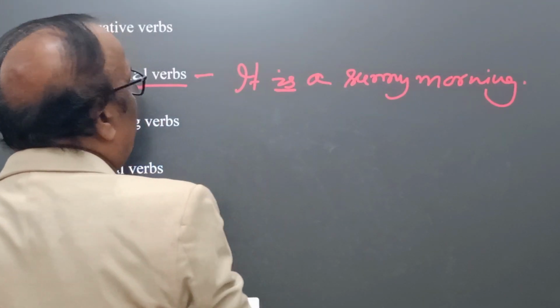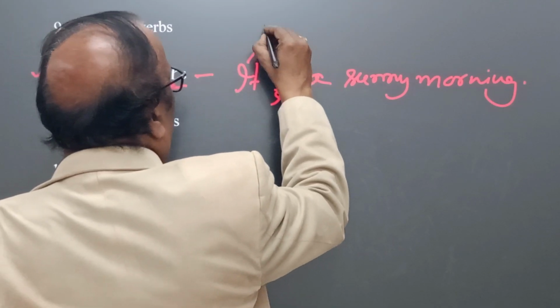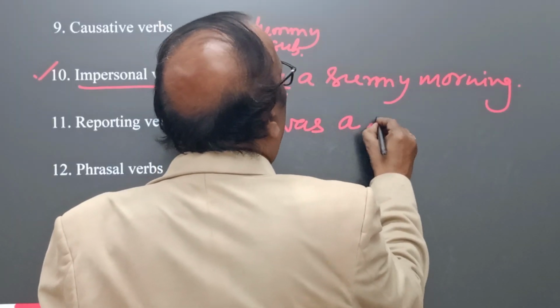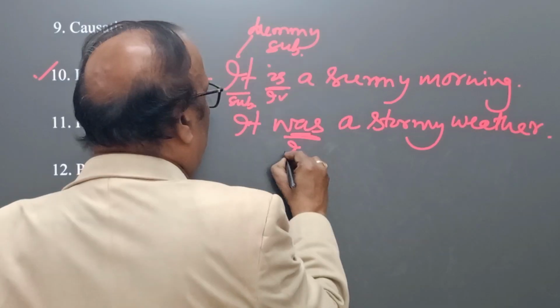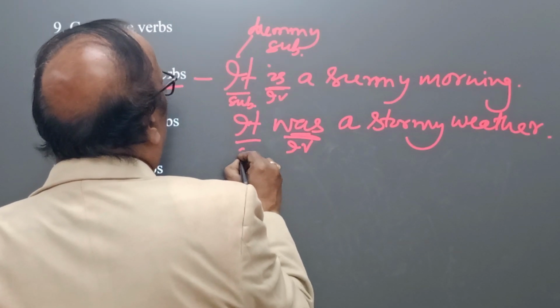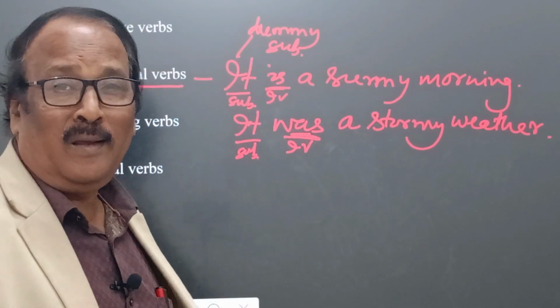Here, is is an impersonal verb because it is a dummy subject. It was a stormy weather. Here was is also an impersonal verb and it is the subject which is dummy.